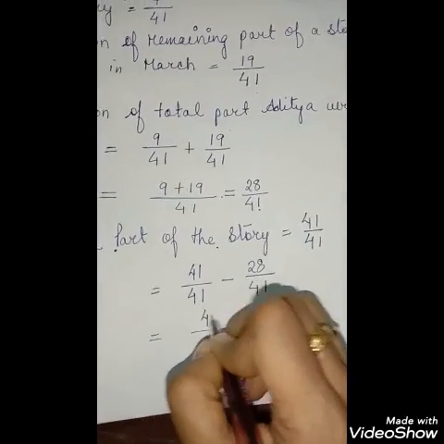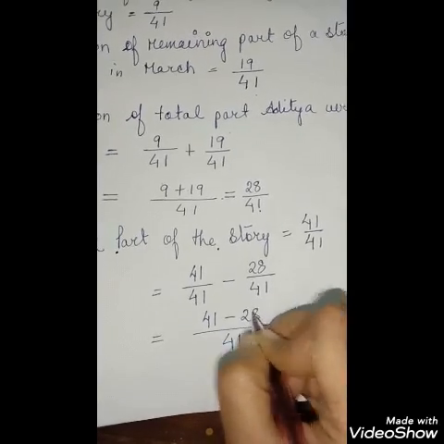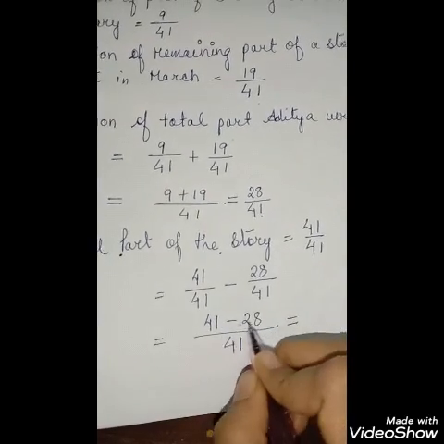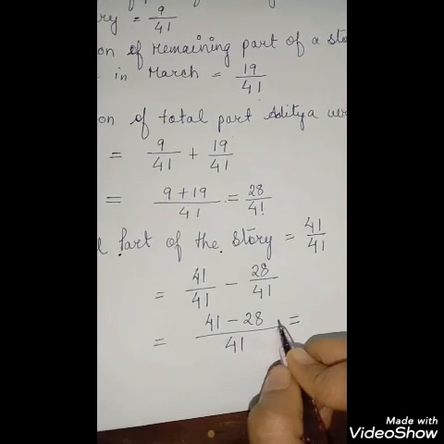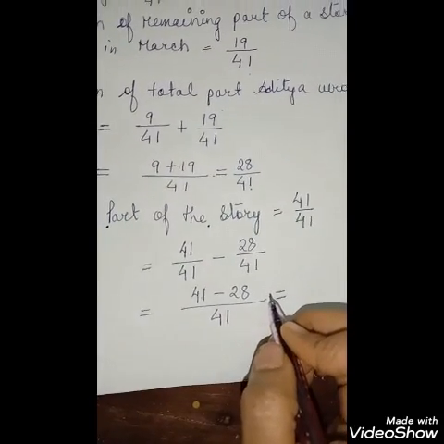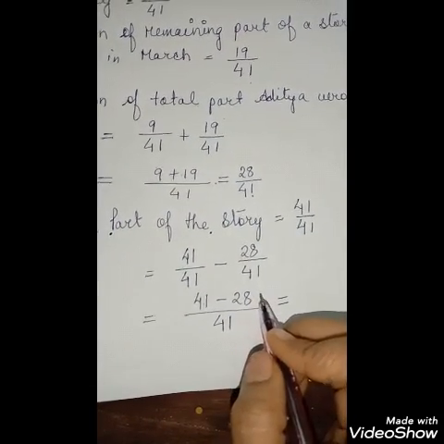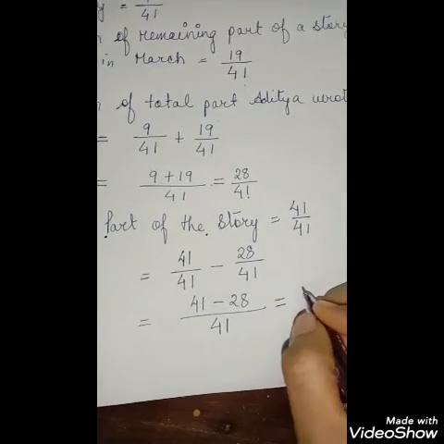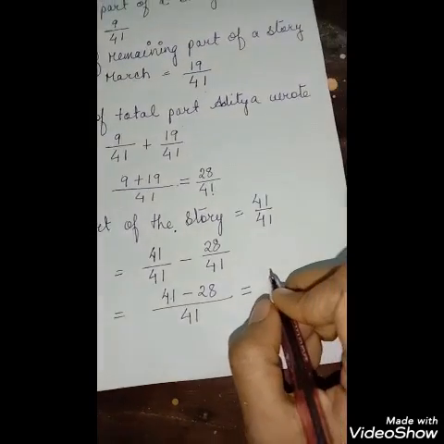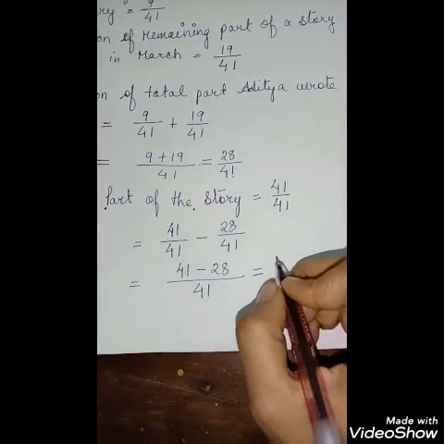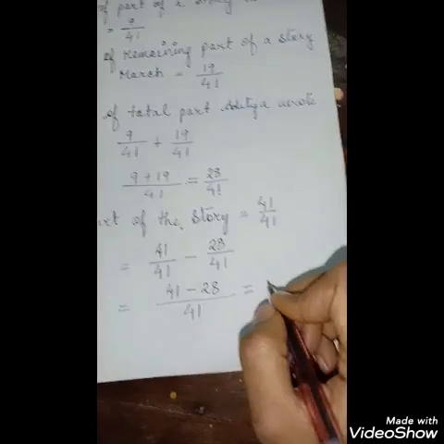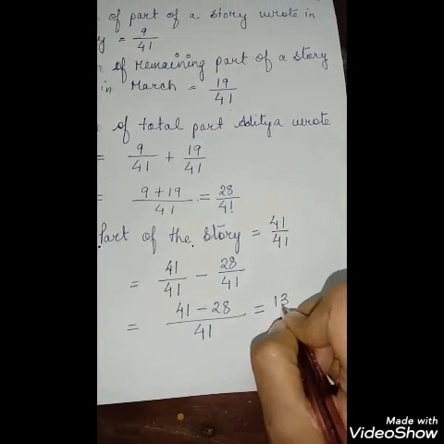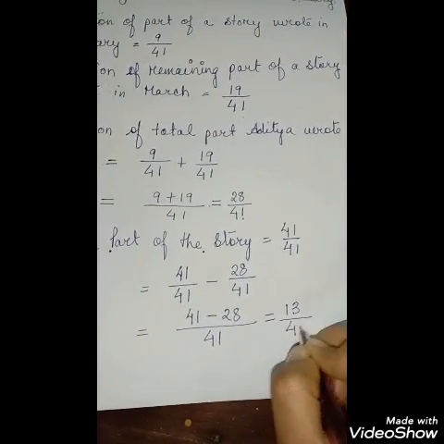Then here, 41 minus 28. When you subtract 28 from 41, how much do you get, children? Tell me. 41 minus 28 equals 13. So 13/41.